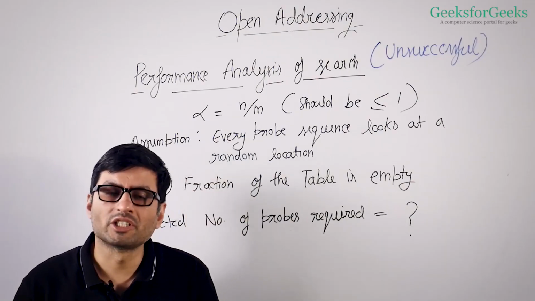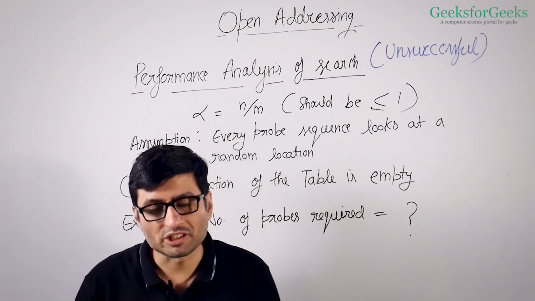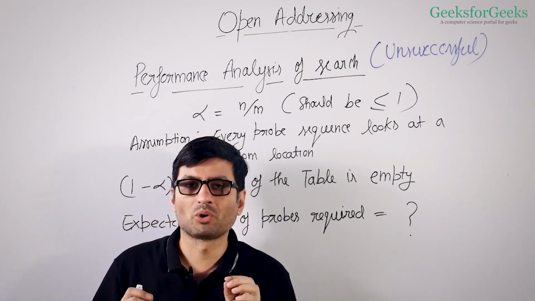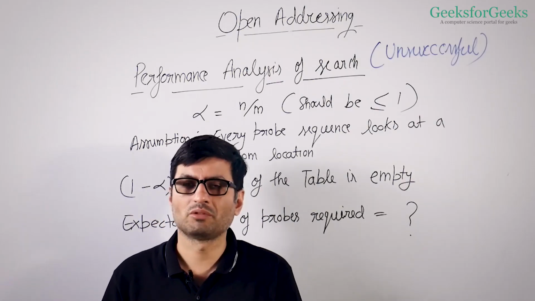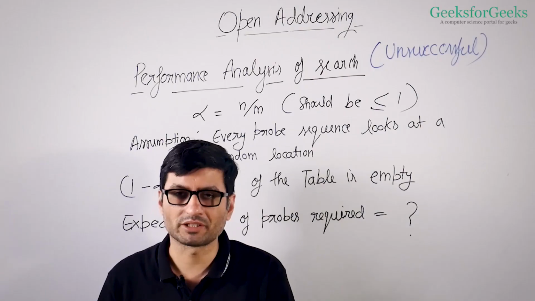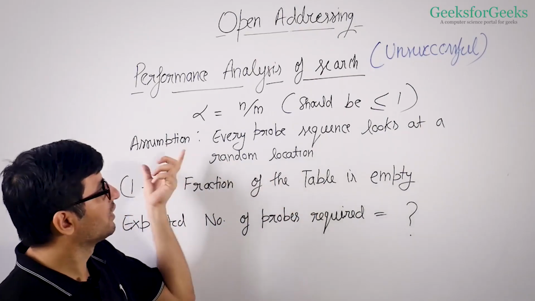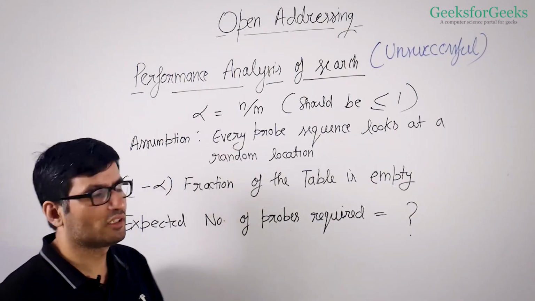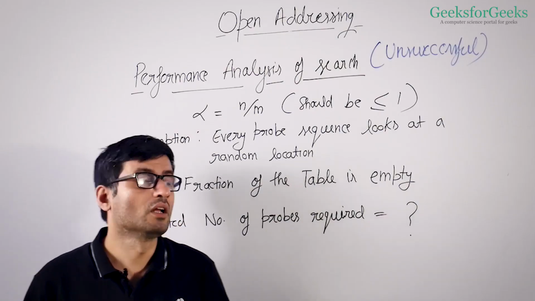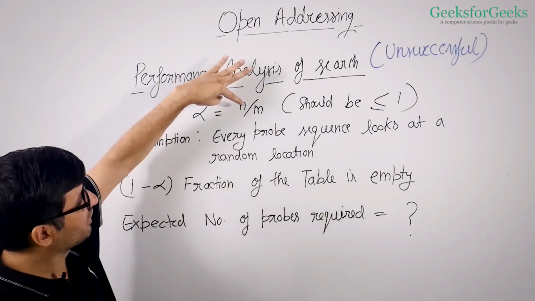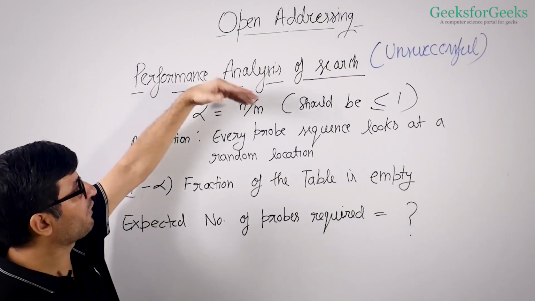Let us analyze this, making the assumption that our probe sequence randomly finds a slot where your key should be placed. That's the assumption we are making here: every free slot is equally likely to be picked. I think we remember this term, load factor alpha.